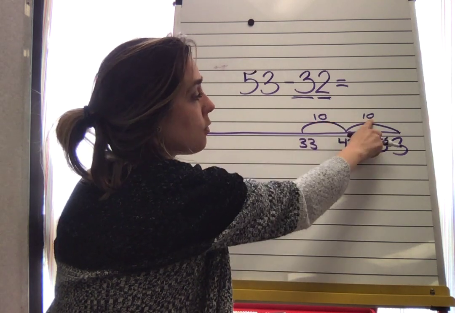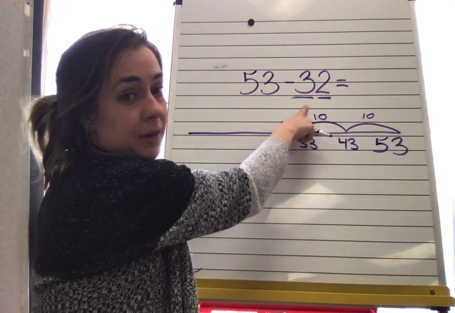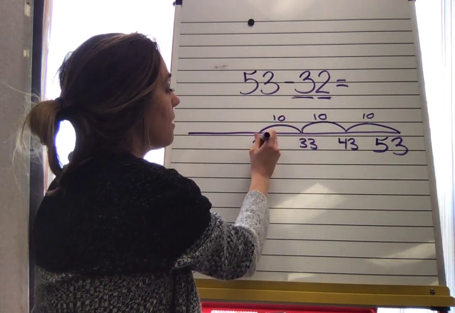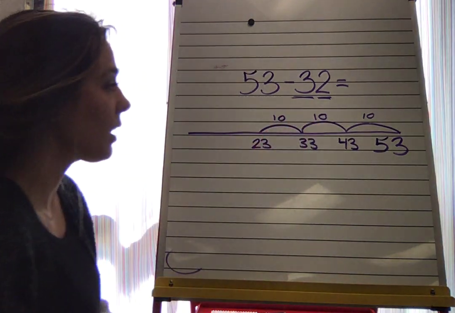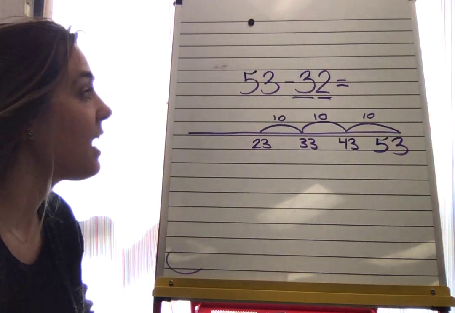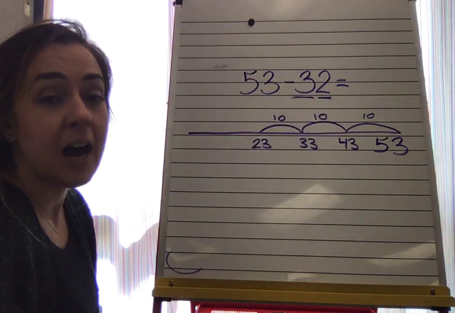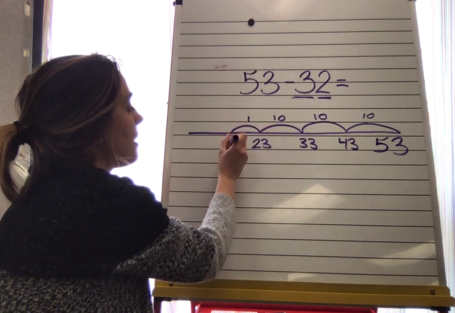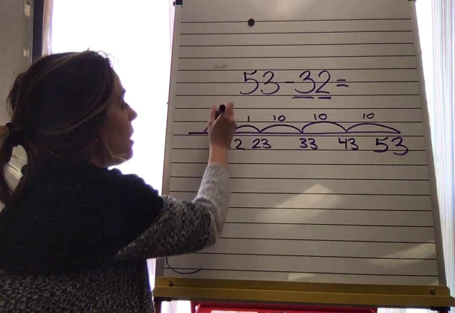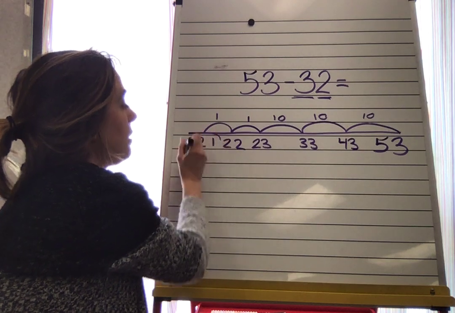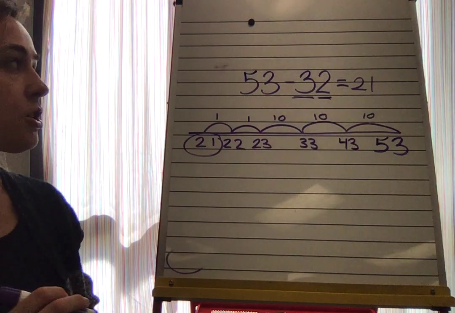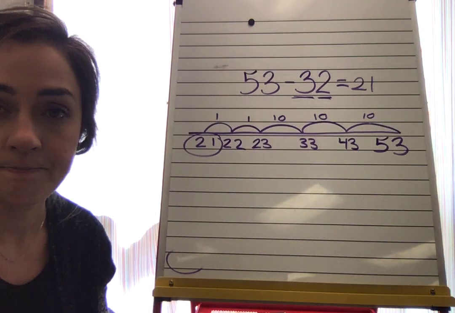So far I've taken 2 hops of 10, but I need to take 3 hops of 10. 1 hop of 10, and I'm at 23. All right, but I'm not quite done yet. I still need to take 2 hops of 1. So 1, I'm at 22. 1, I'm at 21. And that's my answer. 53 minus 32 equals 21.